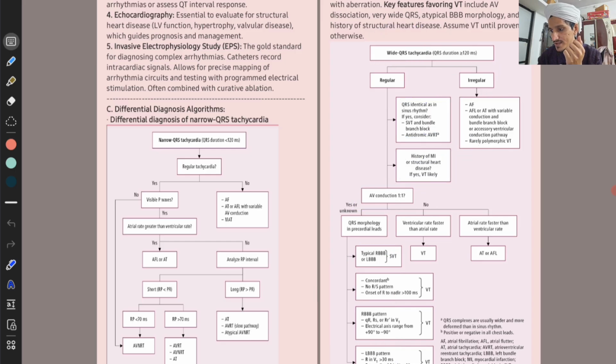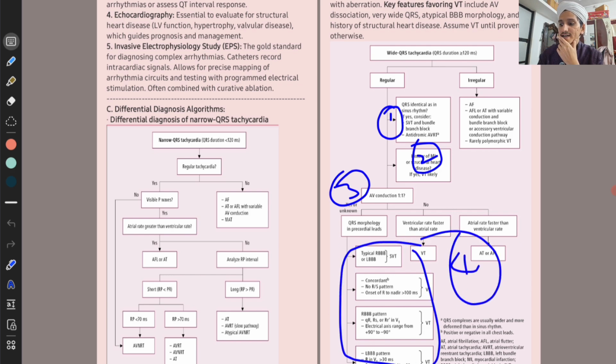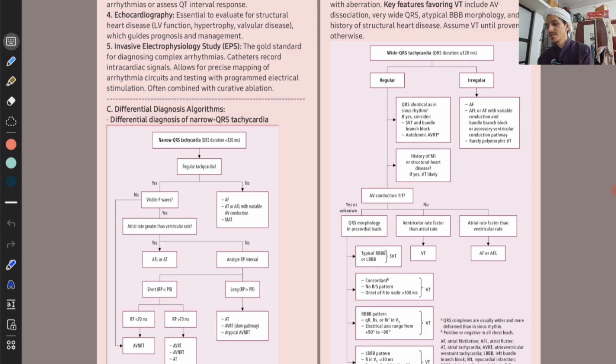First point, compare the previous ECG. Second point, history of anything. Third point, you will see AV dissociation. Now you will see the typical or atypical RBBB pattern, which we have learned. So that's about these flow charts.